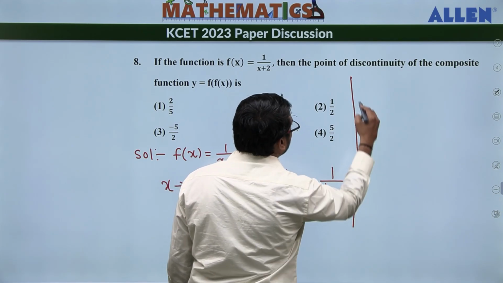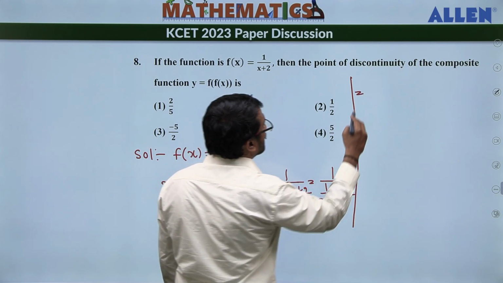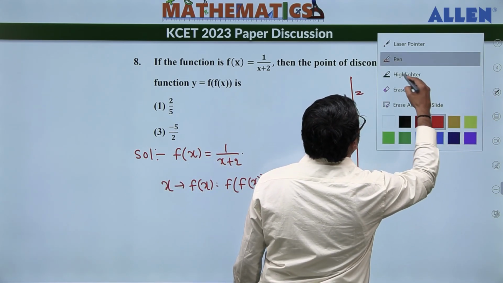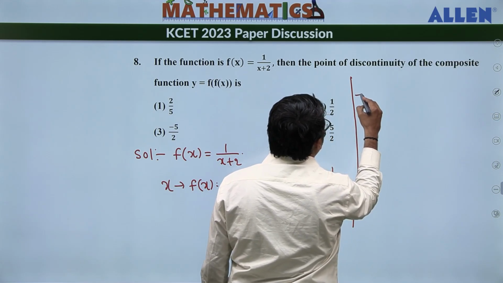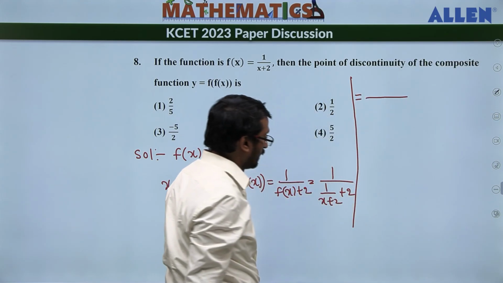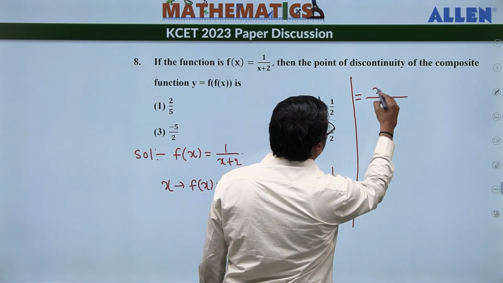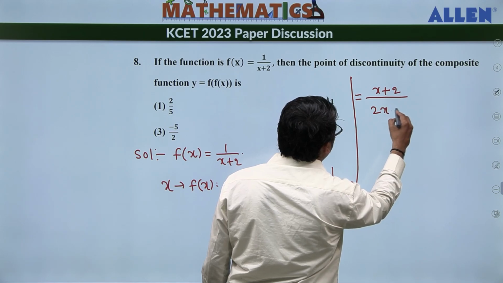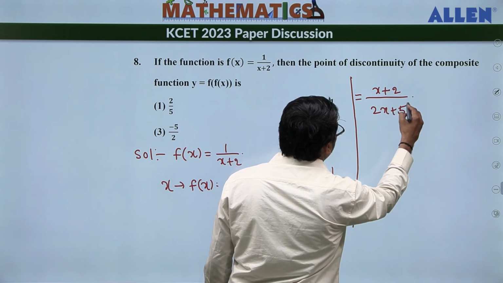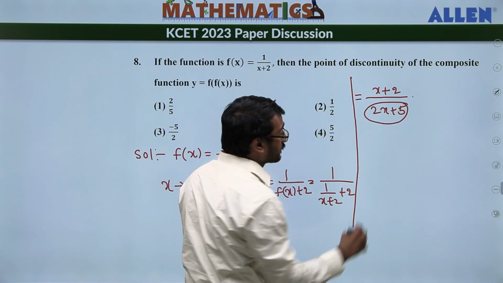That is equal to x plus 2 by 2x plus 5. Where is 2x plus 5 zero?